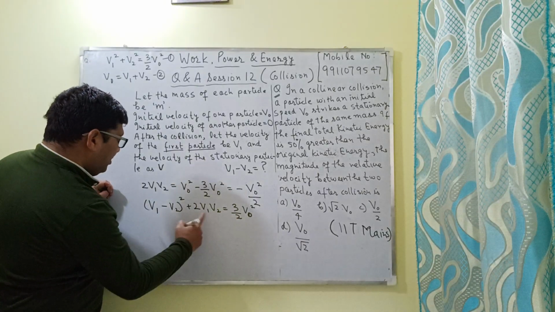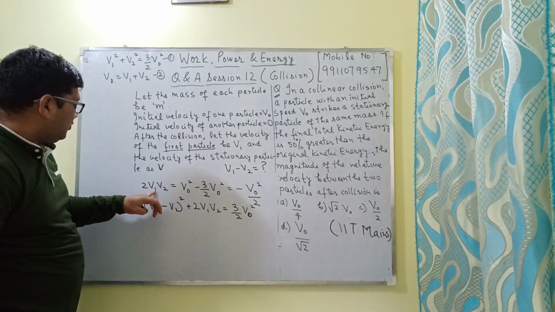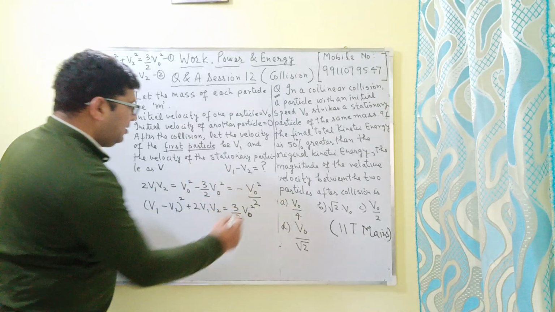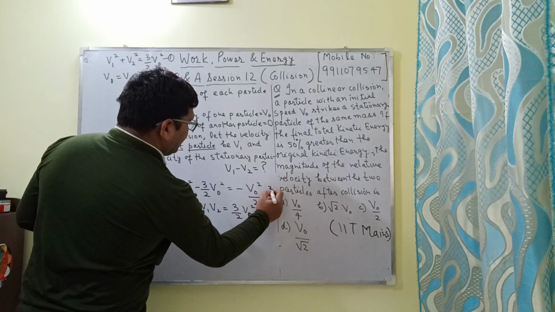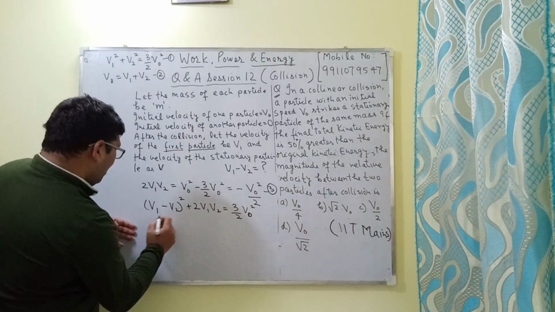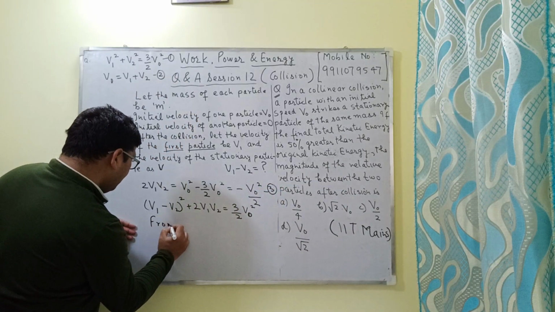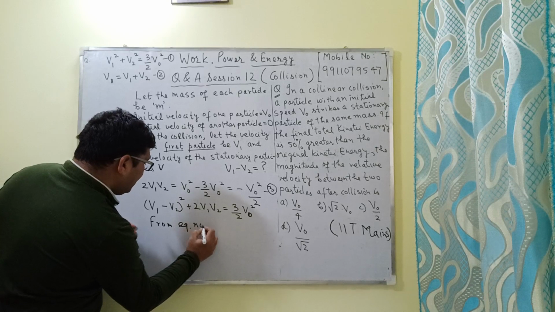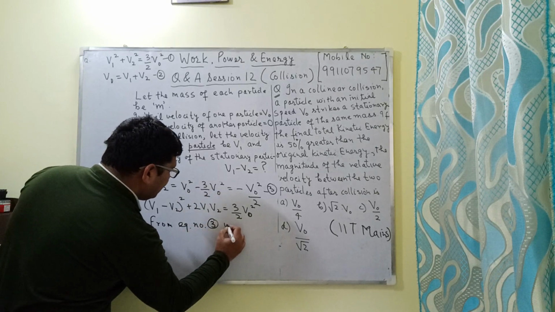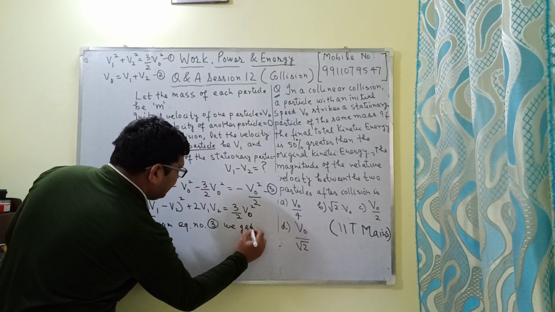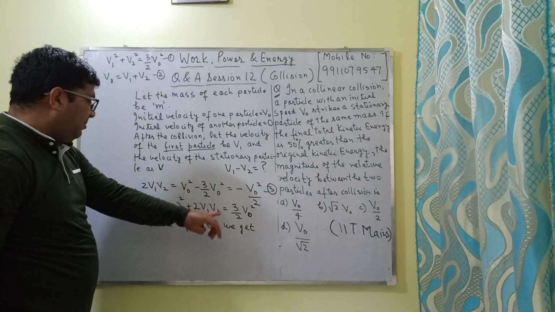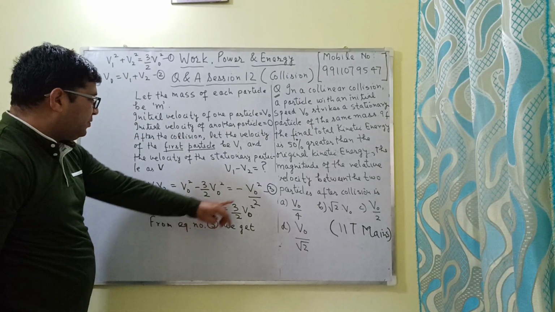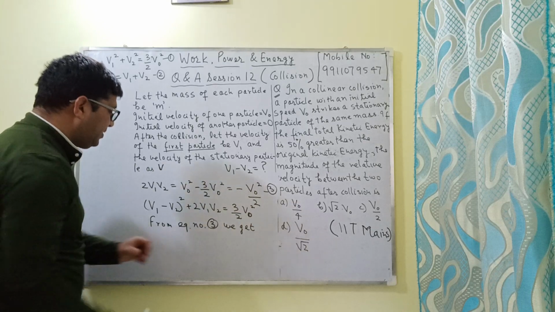So now we have already found the value of 2V1 V2 as minus V naught square by 2. Let us say this is equation number 3. So from equation number 3, I will be substituting the value of 2V1 V2 as minus V naught square by 2.